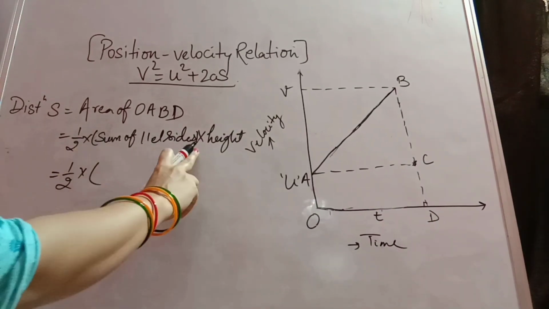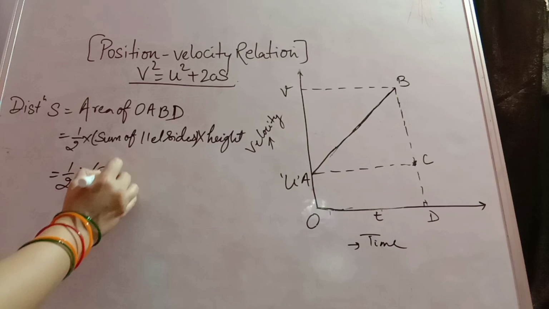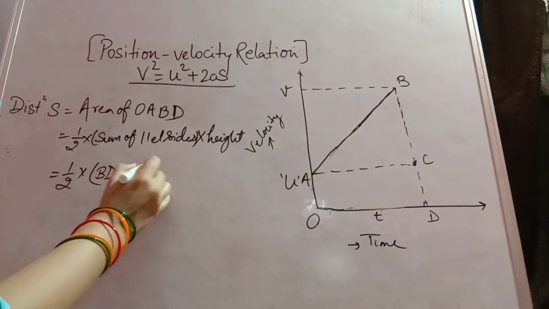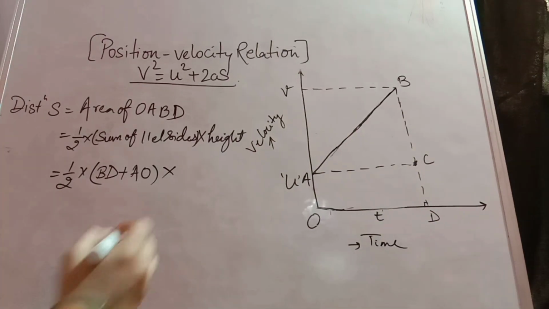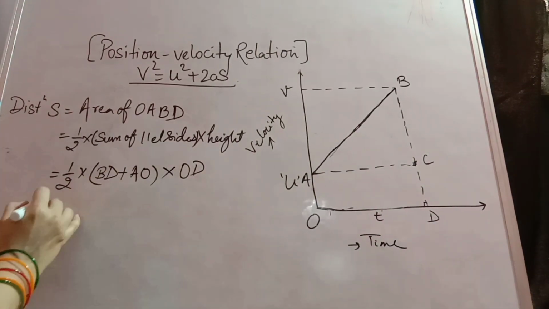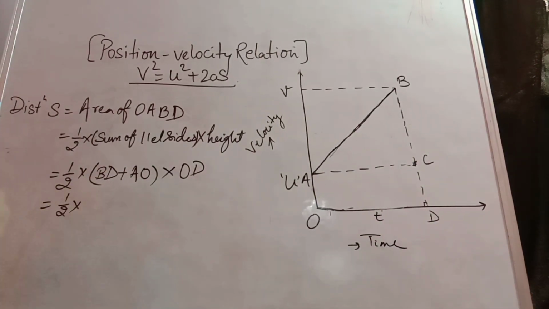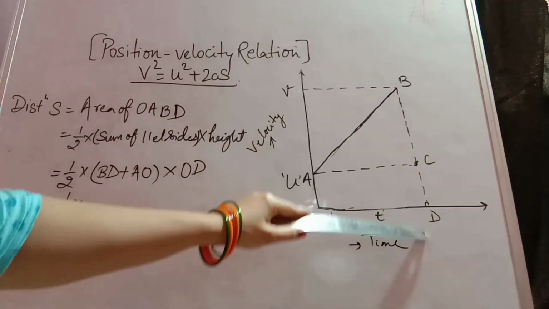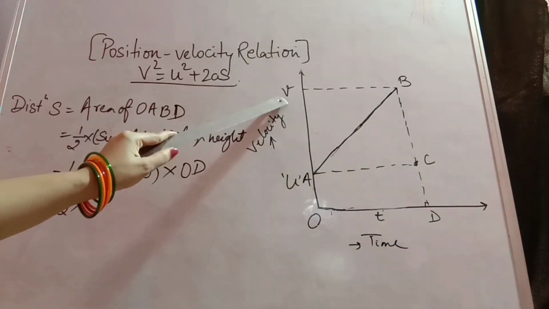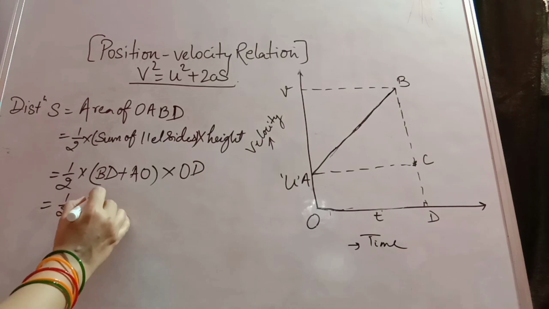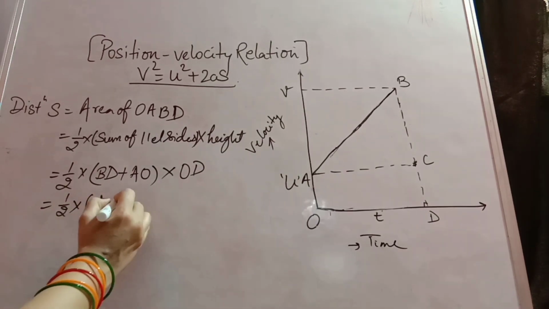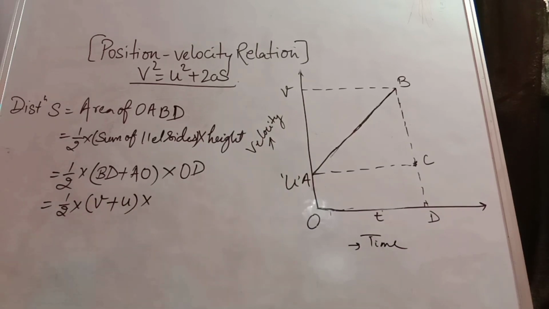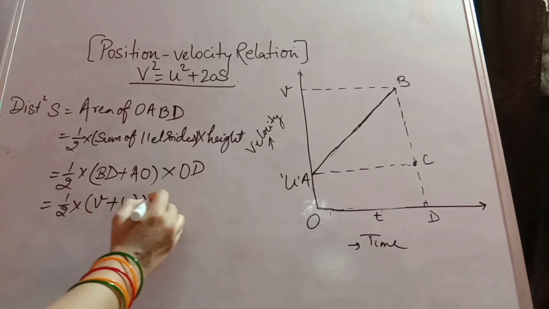So we write sum of parallel sides BD plus AO into height. Height we consider OD. Now put the values. 1 by 2. What is the value of BD, entire BD? That is your final velocity V. It is V plus AO, value is U, into OD. OD value is T.